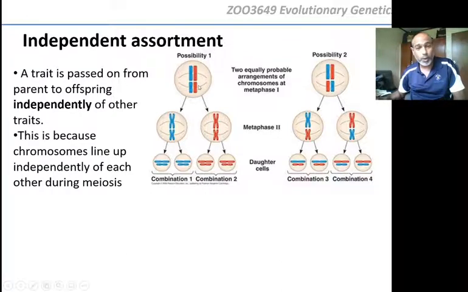But that's not the only way they can line up on the equator. What if they line up like this? What if they line up where, okay, mom's on the left, dad's on the left, mom's on the right, but on the second chromosome, it's no longer the dad's one, which is under dad's one. Here you got mom's chromosome under dad's chromosome here. Okay? So they've lined up opposite to how they've lined up in possibility 1. And here what will happen? The equator will form in the same place, right?